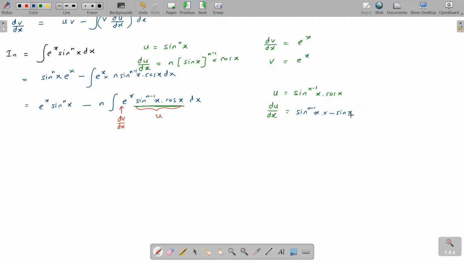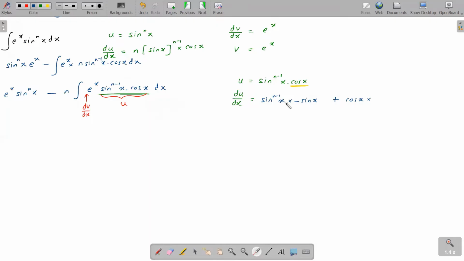Are you with me? After that is done, in the product rule you write plus, and now cos x stays while sine to the power n minus 1 x differentiates. What's the differentiation of sine to the power n minus 1?